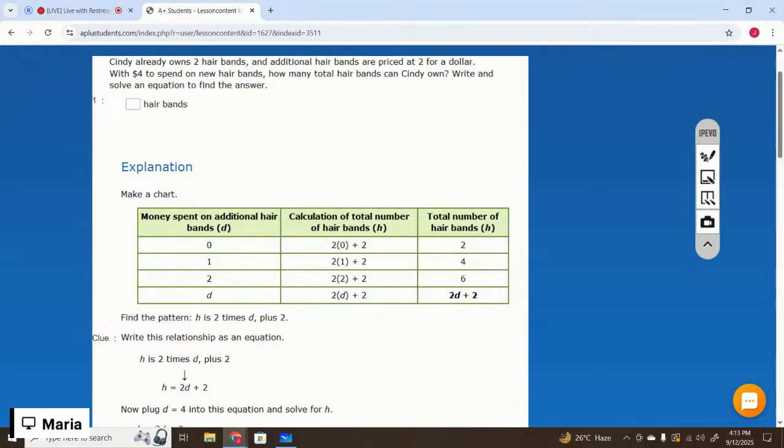So she already owns two hairbands, and additional hairbands are priced two for a dollar, with $4 to spend on new hairbands.